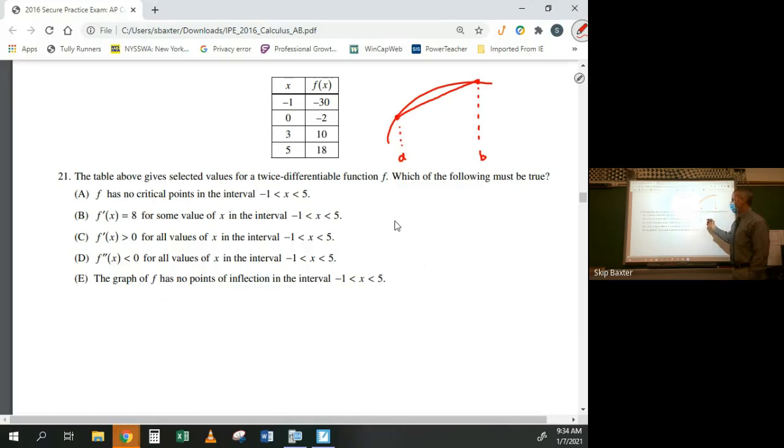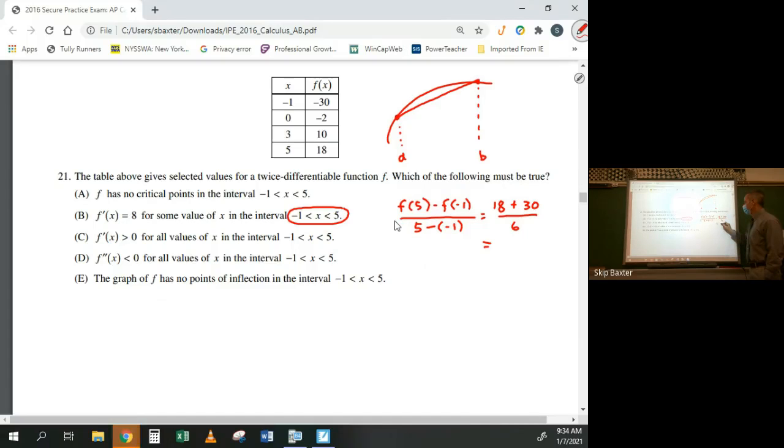So let's see if that works here. If you take this interval that they give us and find f(5) minus f(-1) over 5 minus -1, this ends up being 18 plus 30 over 6, which is 8. So yes, by the mean value theorem, B is the one that has to be true.